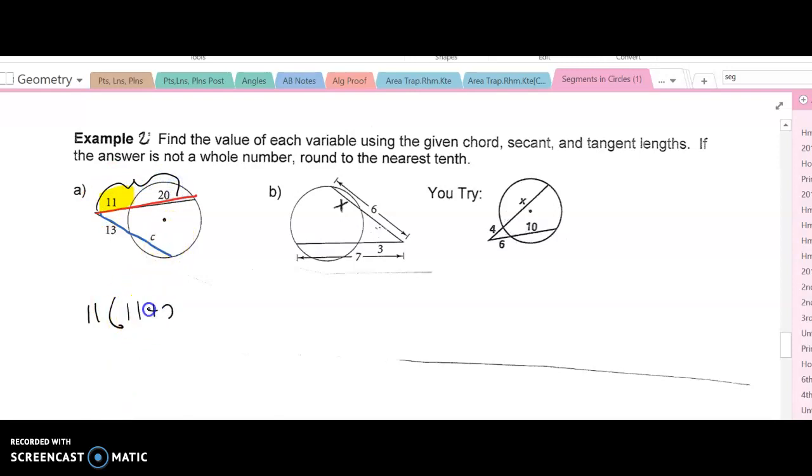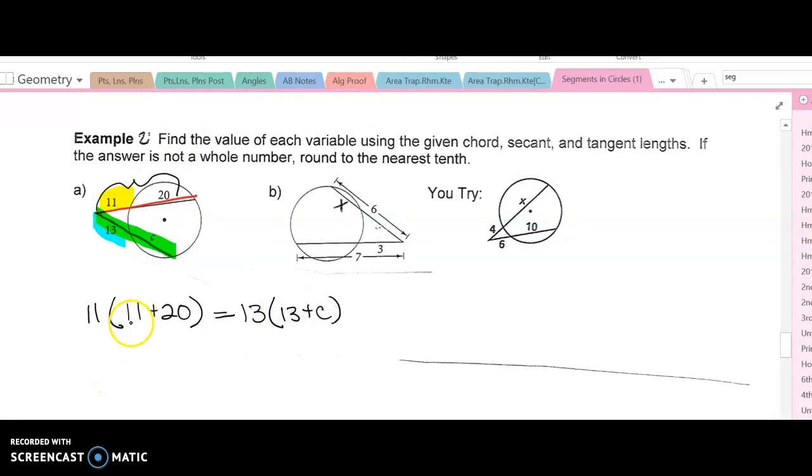So 11 times 20 is equal to the part of this line that is outside the circle times the whole line, 13 plus c. And then you just solve that equation.